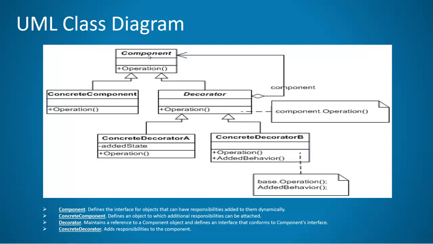Then we have a concrete component to which you can attach, as described here, additional responsibilities. And the decorator, if you see the diagram, maintains a reference to this component class interface.